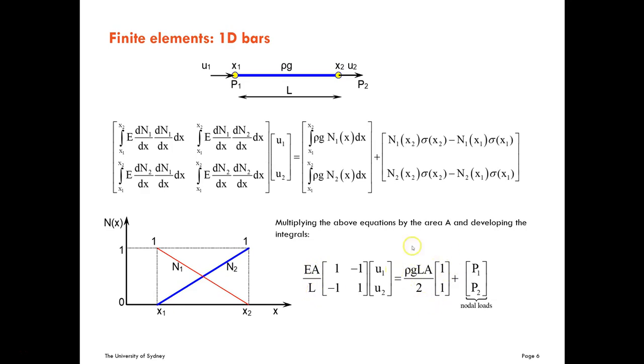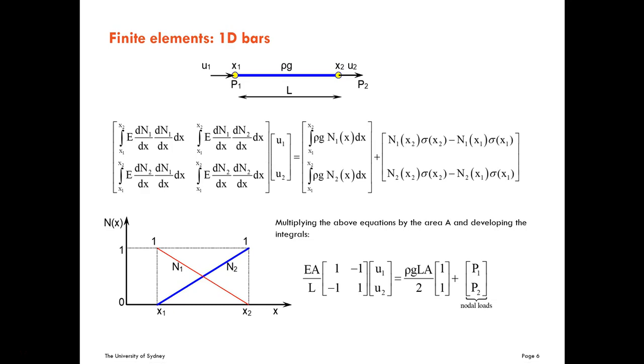Here, this term accounts for the gravity forces, and this the applied forces at the nodes. Notice that A is not exactly the area of the element. A is the area of the cross section of the bar.